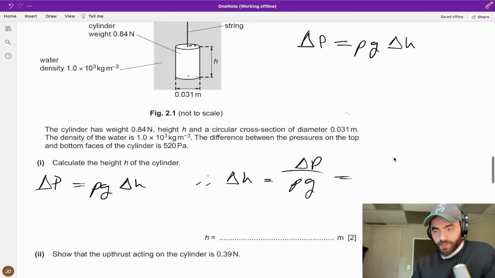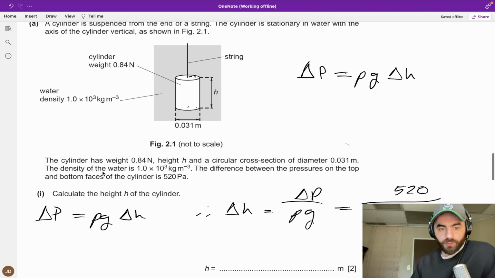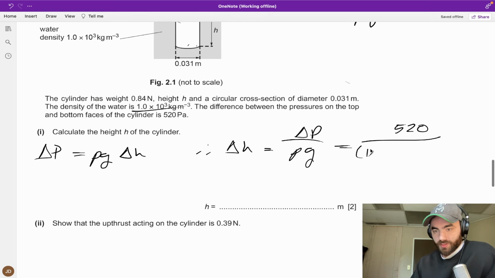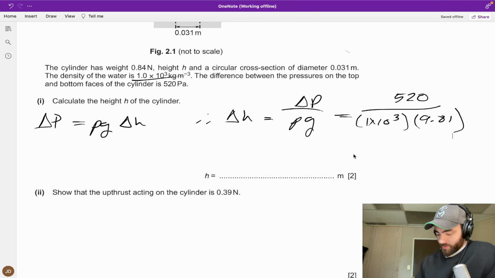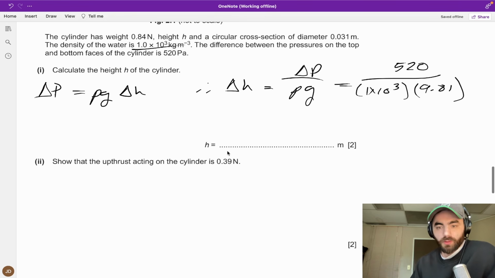Okay, change in P is 520 divided by the density of the water, which is 1 times 10 to the 3, g is 9.81. This gives us 0.053.